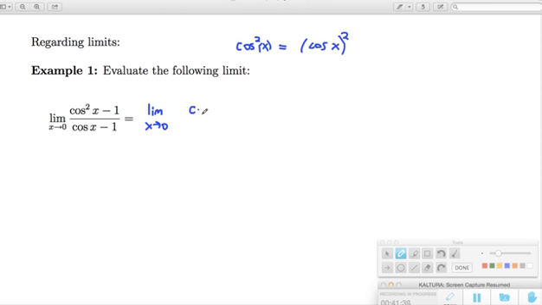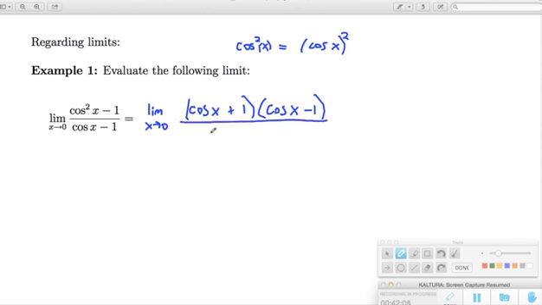So you can factor it into the sum and difference. Notice how if you FOILed that numerator, you'd get cosine x squared minus cosine x plus cosine x and then minus 1. So the inside and outside terms would cancel out and you'd just be left with cosine squared minus 1. So that is the correct factorization.